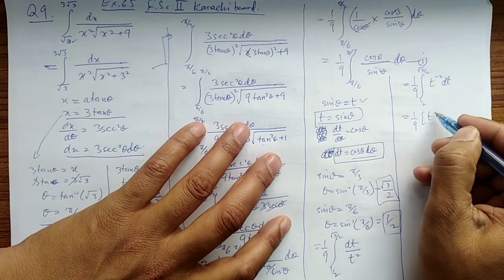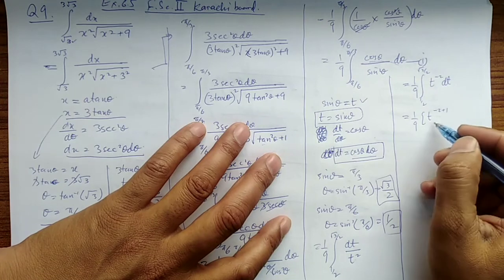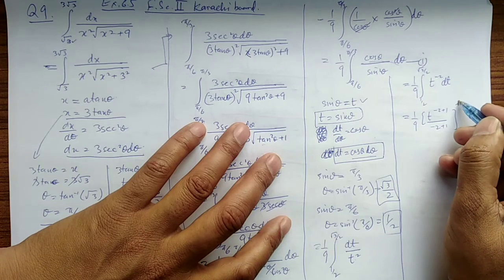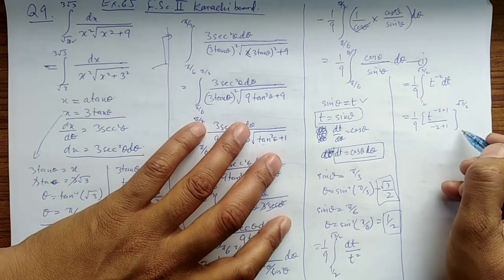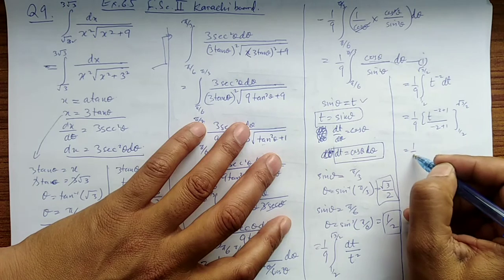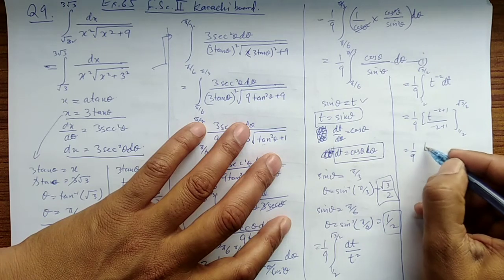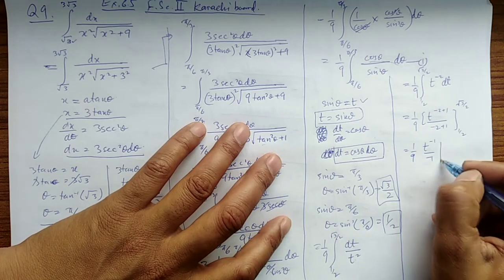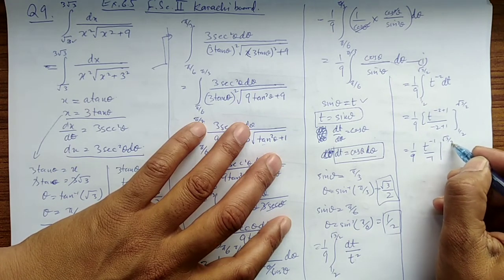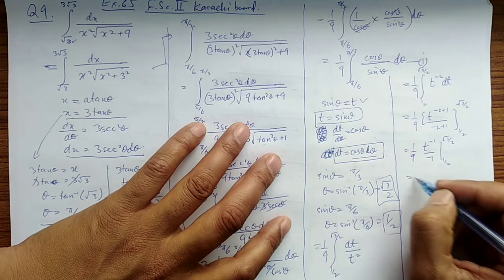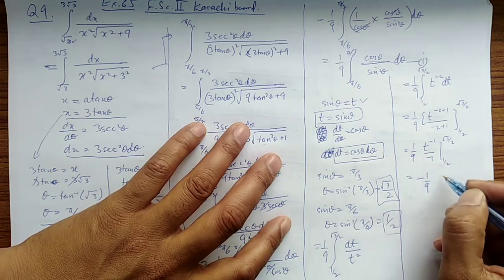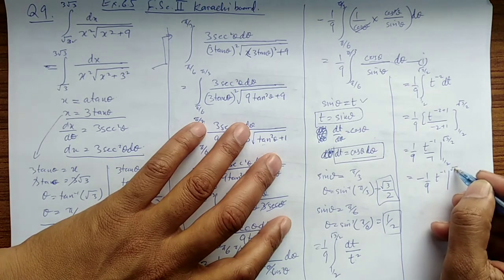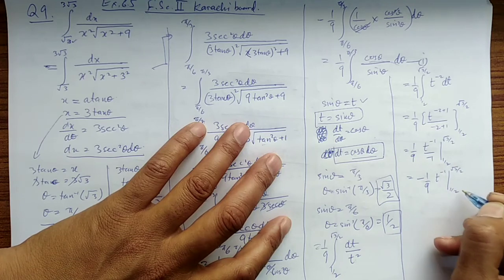So that will be t to the power minus 2 plus 1 divided by minus 2 plus 1, from 1 upon 2 to root 3 upon 2. 1 upon 9 times t to the power minus 1 divided by minus 1. Okay, now this is minus 1 upon 9 times t to the power minus 1, from 1 upon 2 to root 3 upon 2.